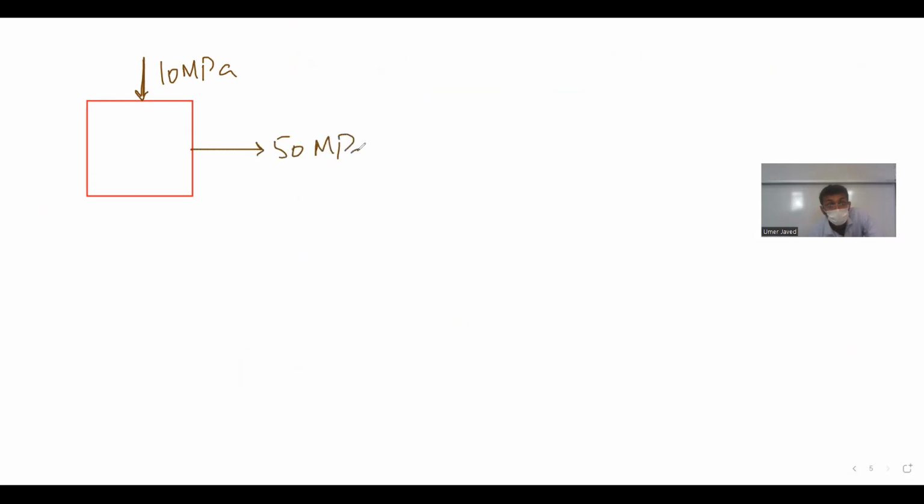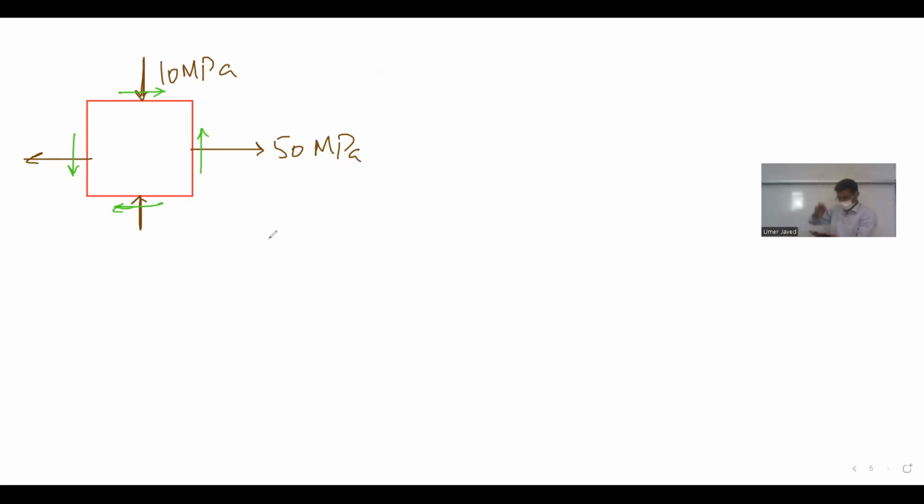You understand that this is also 10, that is also 50. Then somebody said 40 megapascal positive shear. That means it will be anti-clockwise. This one will be clockwise.